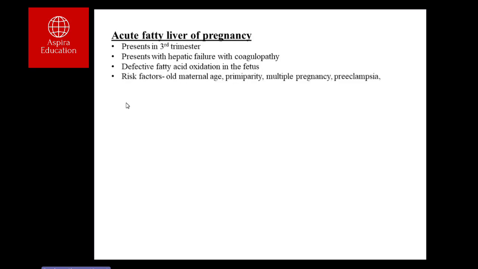There are certain risk factors which are important when you're going to diagnose this condition, because the epidemiological clues in the question scenario will help you diagnose it. Acute fatty liver of pregnancy is more common in older maternal age, parity, multiple pregnancy, and preeclampsia.